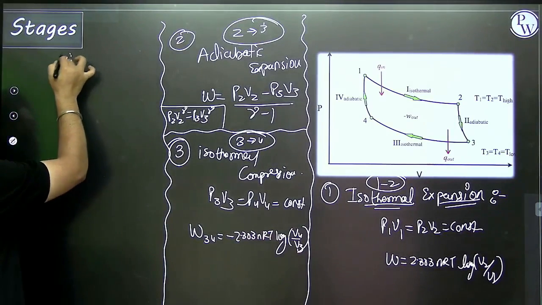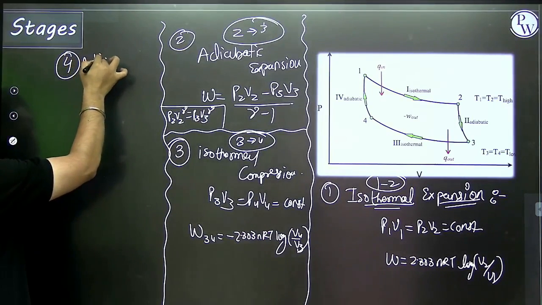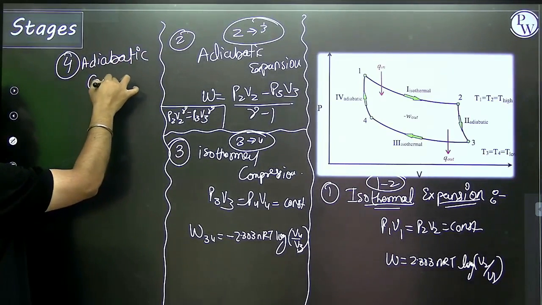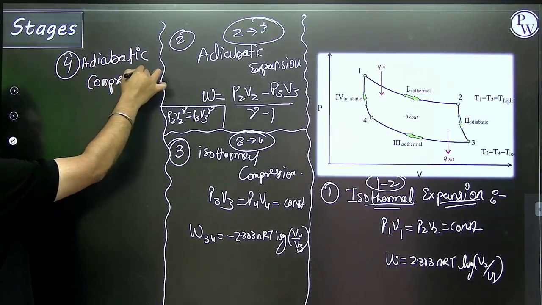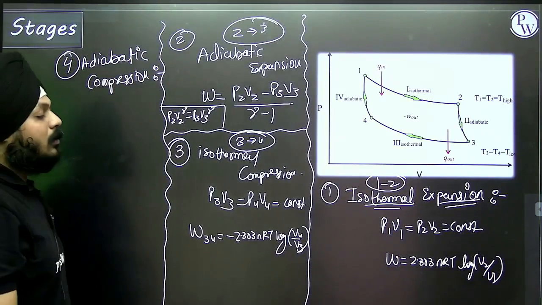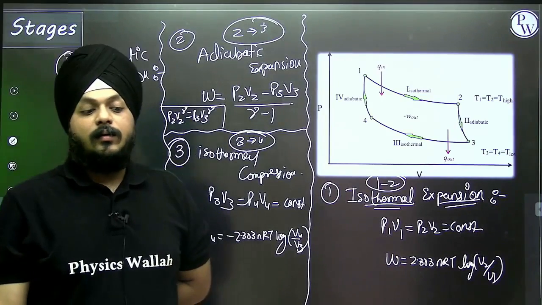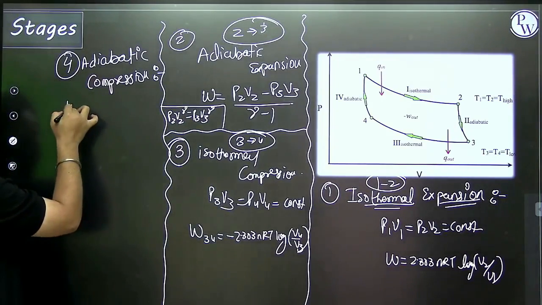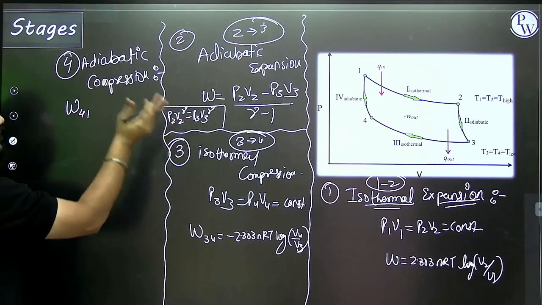The fourth stage of the Carnot is adiabatic compression, from 4 to 1.